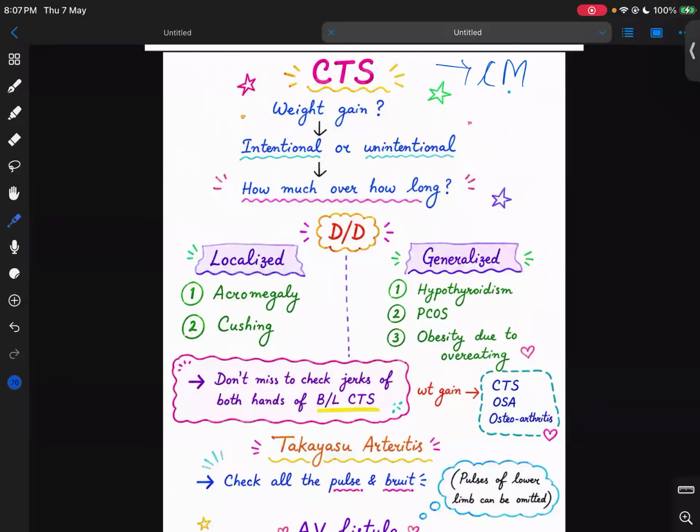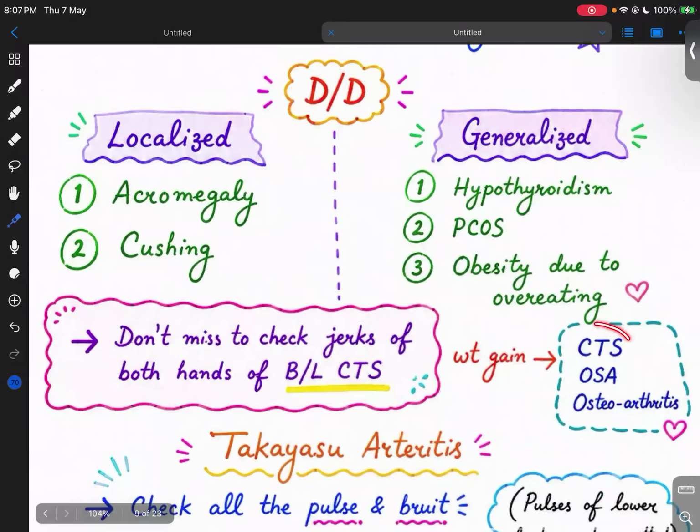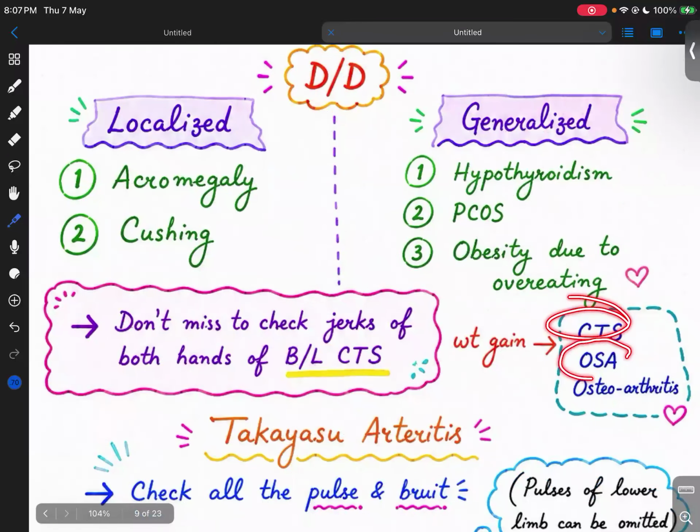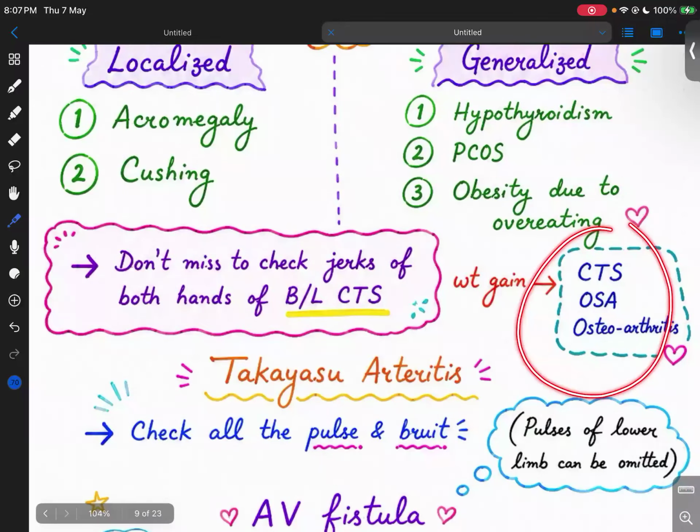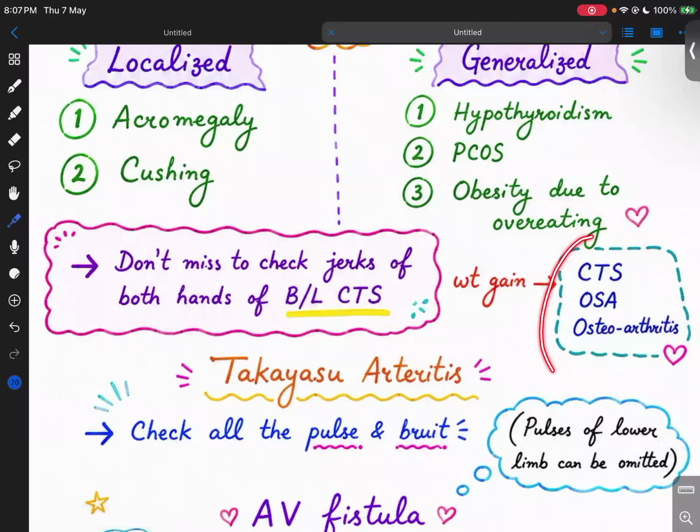From now on, I request every doctor to memorize them. One is carpal tunnel syndrome, another is obstructive sleep apnea, and another is osteoarthritis. These three are important for the PACES exam.